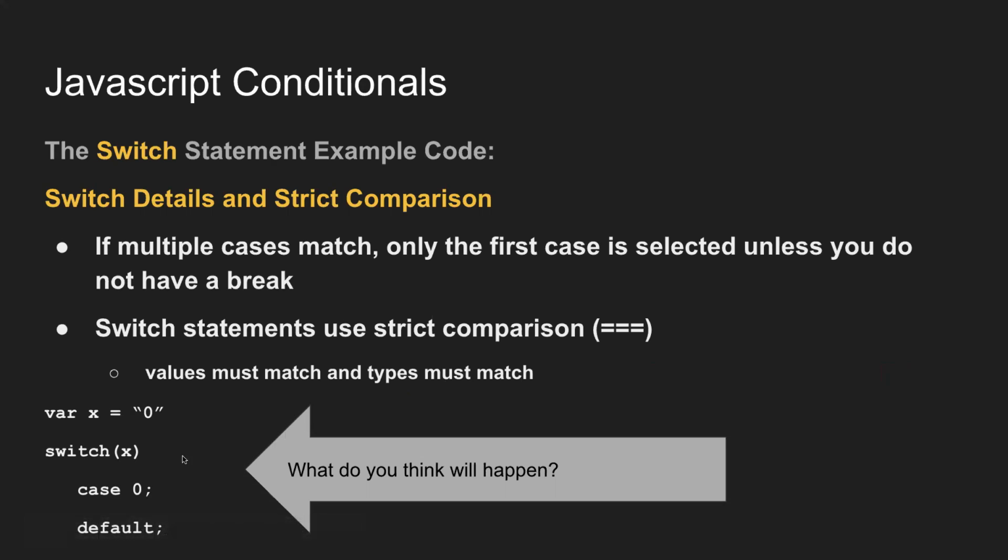The code is going to fall out and go down to the default at the bottom, because 0 in quotes does not match type and value for the case 0. It's implicitly using the triple equal sign. Okay.